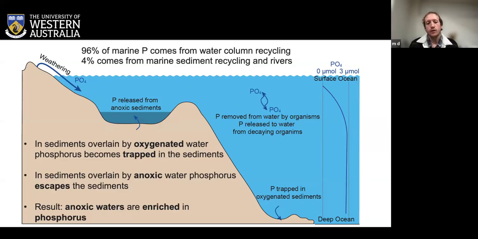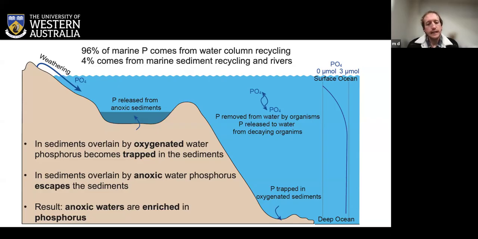So if we look at the modern marine phosphorus budget, only 4% of the phosphorus that enters the oceans is coming from these river influxes or from marine sediment recycling. The overwhelming majority of available phosphorus in the oceans is actually coming from internal recycling within the water column. And what I mean by that is organisms take up phosphorus to build their organic tissues. They then die, decompose, and then release that phosphorus back to the water column.